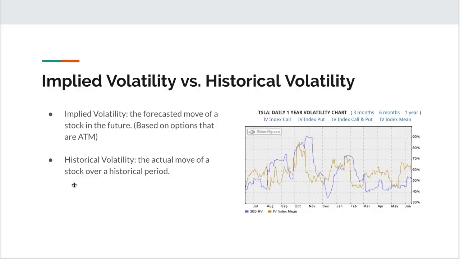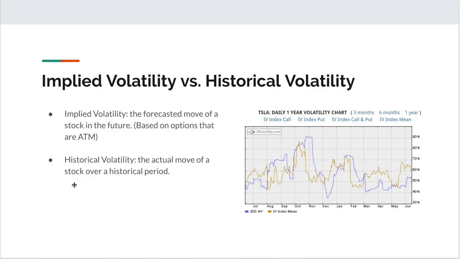So the first thing we're going to be talking about is implied volatility versus historical volatility. So basic definitions: implied volatility is the forecasted move of a stock in the future. So if we want to look at the Apple stock price and we want to see where it could possibly go in the future, implied volatility tells us that range per se. This is based on options that are at the money.